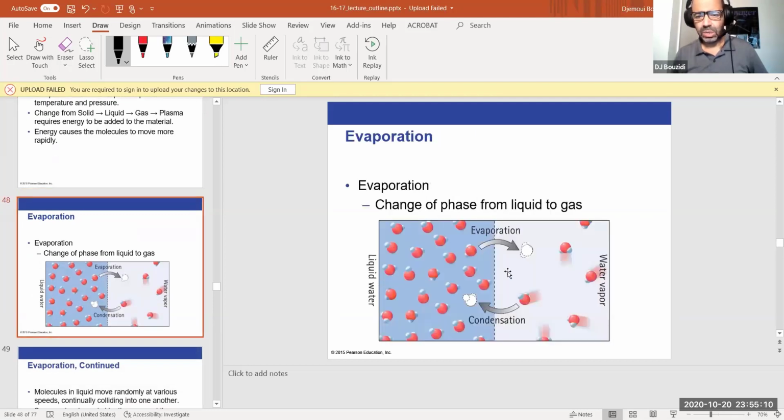The evaporation, in this case, you are sitting right at the point where, for example, liquid water is at 100 degrees.